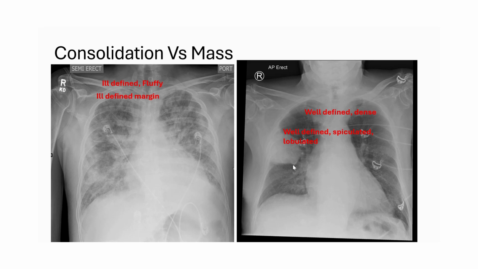As we can see, this has the lobulated margin. Consolidation has air bronchogram, whereas a mass does not, and the silhouette sign is positive in consolidation, whereas there is no silhouette sign in a mass. So these are the differentiating points of consolidation and mass.